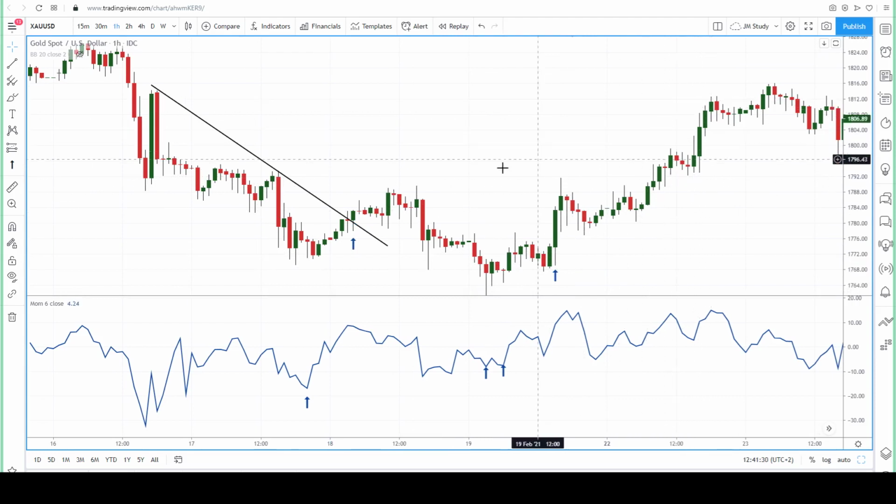So in that sense, I'm treating this as a false signal, and to limit your losses, you can either have a tight stop or bring the stop to break even after the price has rallied, and then your risk is limited.